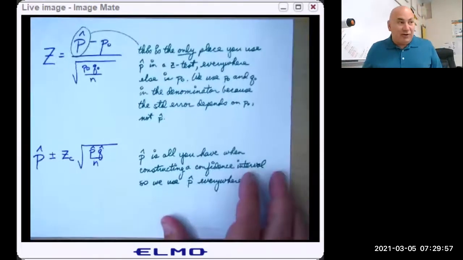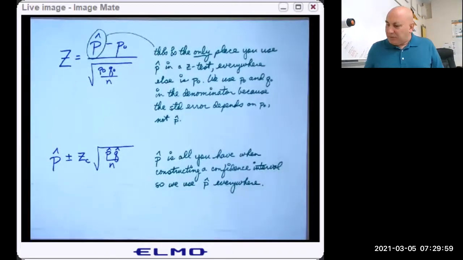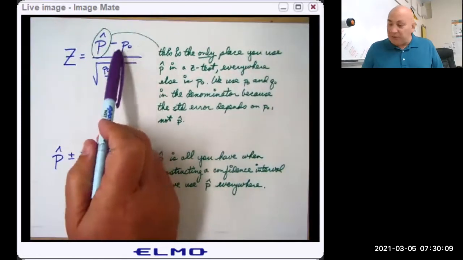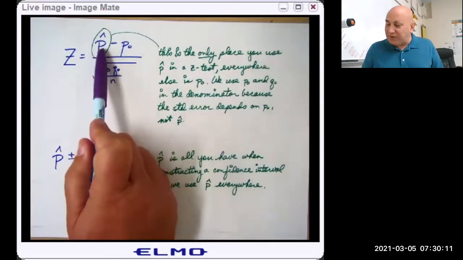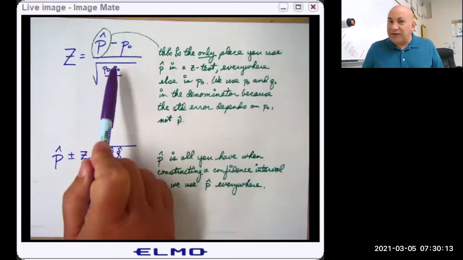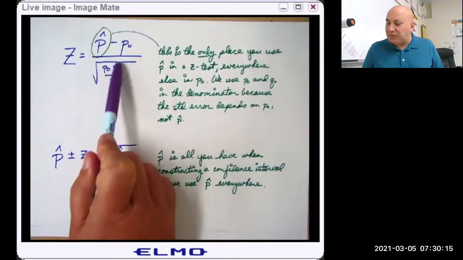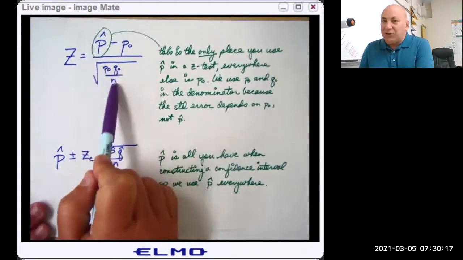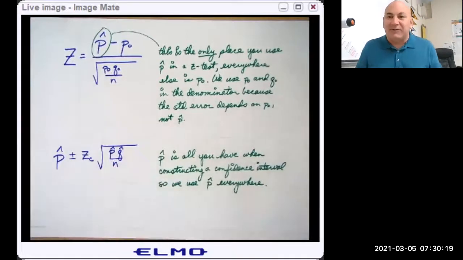As I explained earlier, if your sampling distribution is centered at p0, which the central limit theorem says it will be, then we want to find how far our sample is from p0. And if the curve is centered at p0, it's the p0 q0 over n that's going to be the variance of that sampling distribution.